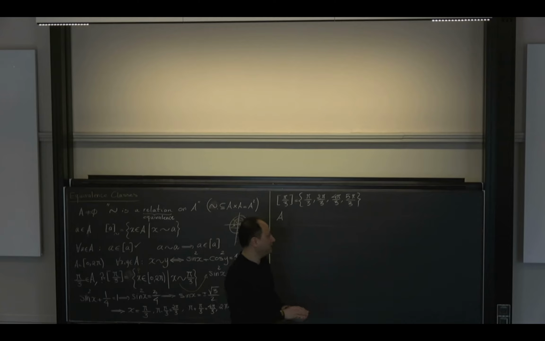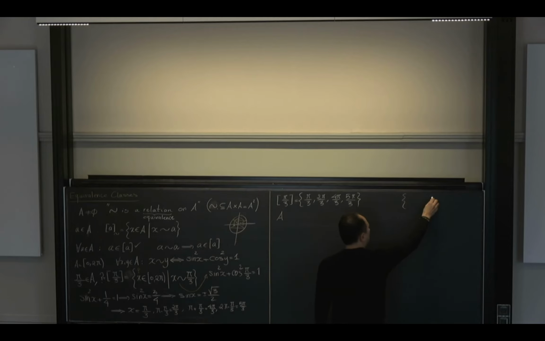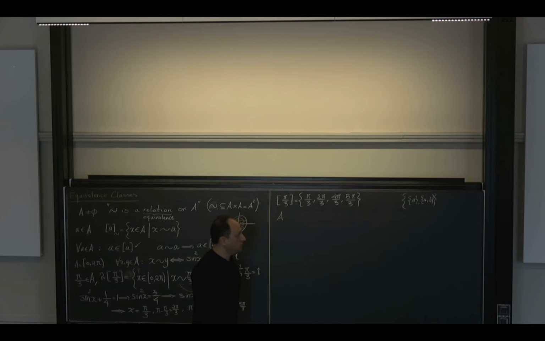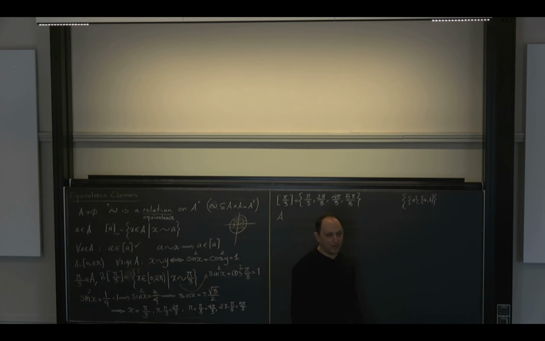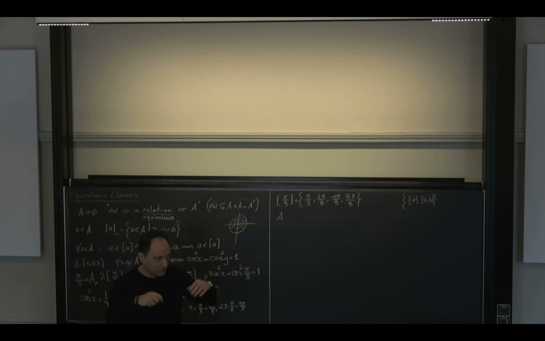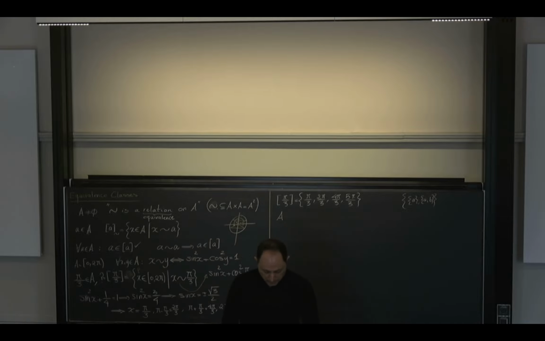But I can have a set in which I have another set or sets. Yes, this is a set of sets. And usually a set of sets is called a family or class. So if you see this word, it means that you have a set containing sets as elements. Okay?